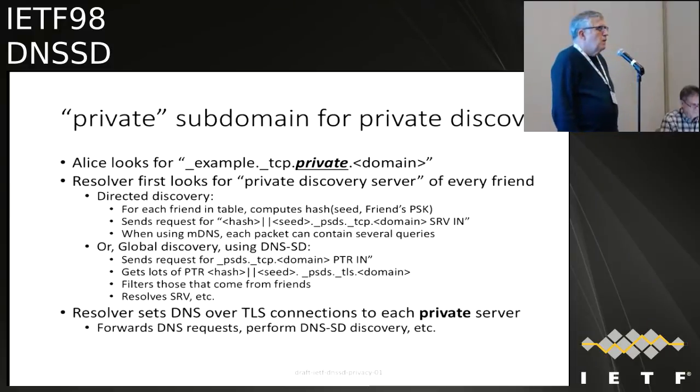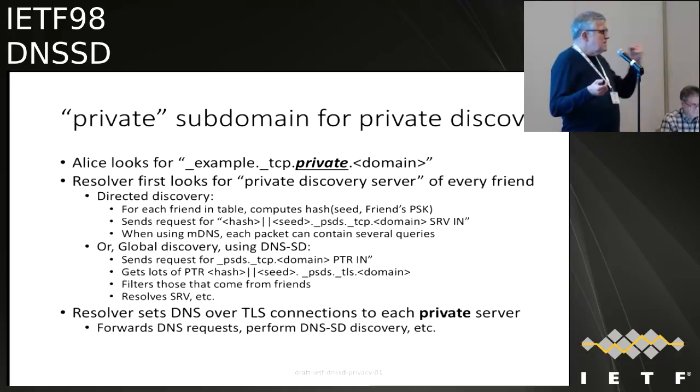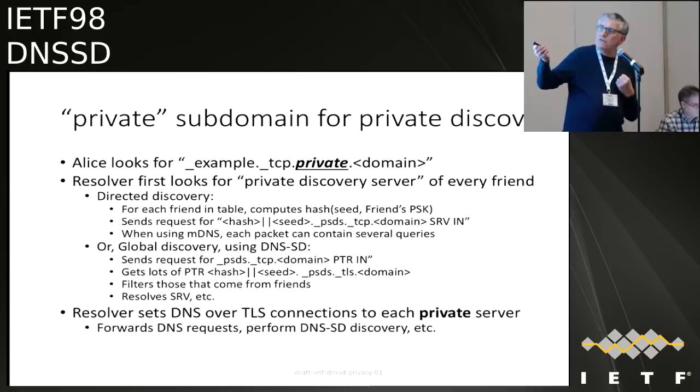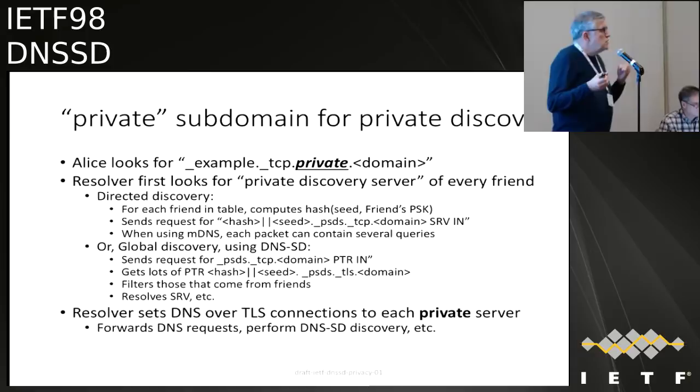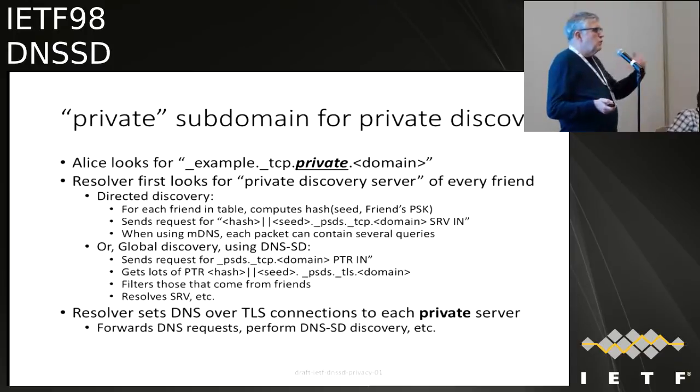On the API, we were concerned with doing the right API for finding something in the private domain. Suppose that Alice wants to find someone; she's going to use the existing API. She has to express in the API that what she wants to find is not just a particular service like this example service, but that she has to find it in a private way. So Daniel and I decided to put this private keyword just before the scope of the query, so you would be looking for private.local or private.home or something like that.